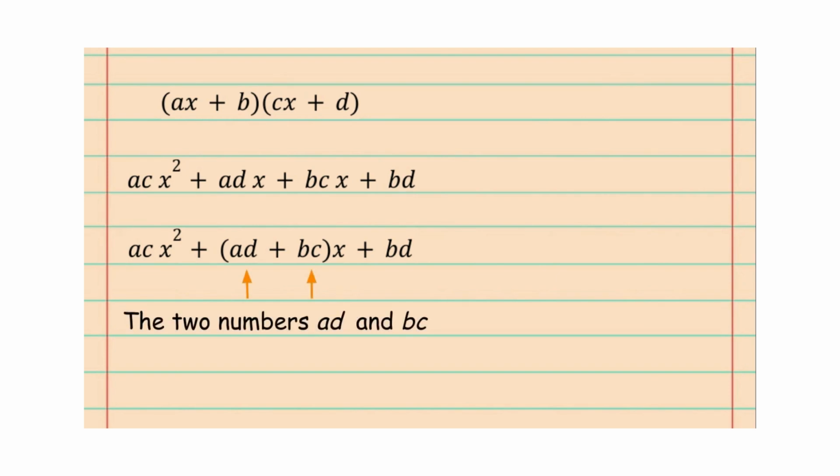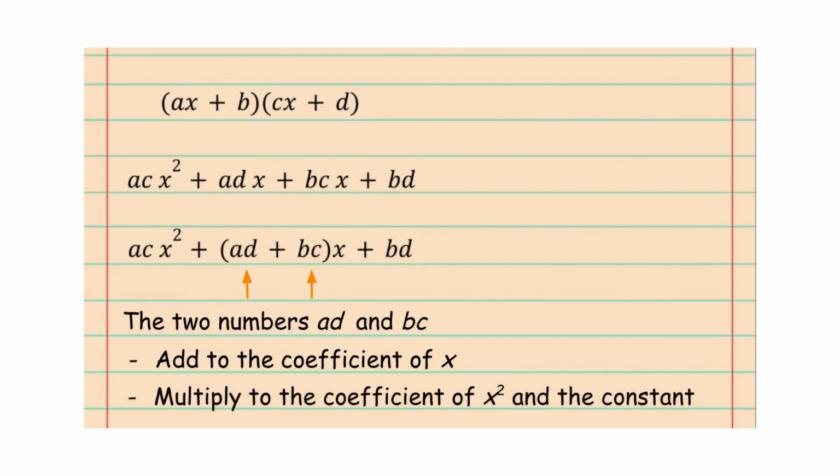Those two numbers, AD and BC, do in fact add to the coefficient of x, and they multiply to the coefficient of x squared and the constant. If you multiply AD and BC together, you get AC times BD, since multiplication is commutative. That's how we split our middle term to make it factor.